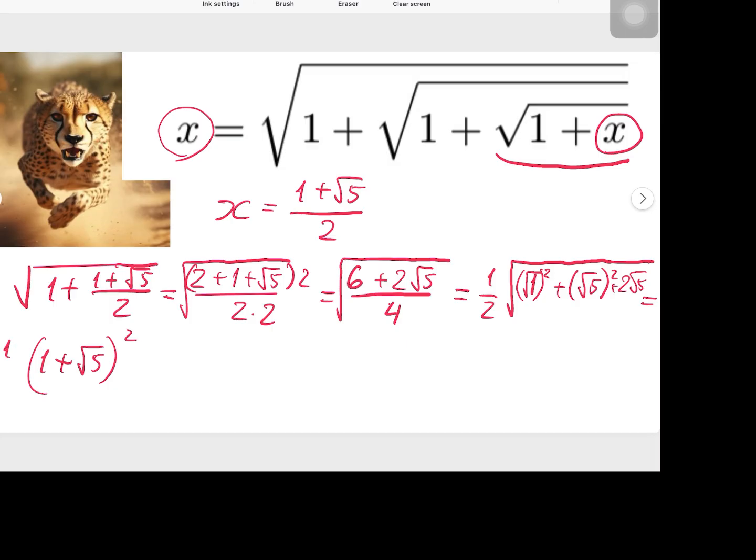Also need to put 1 over 2 and square root to calculate this expression. So I apply square root to the square, so it will cancel, and I will have 1 plus square root of 5 over 2.